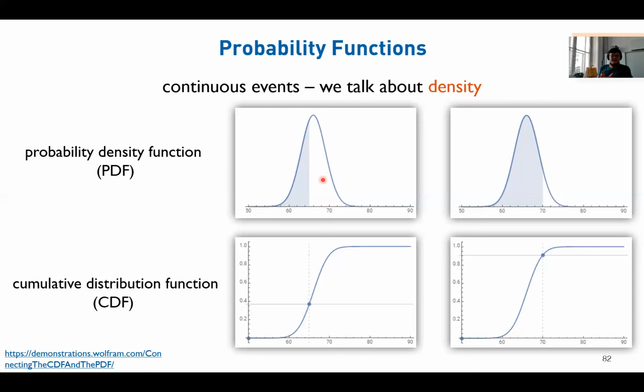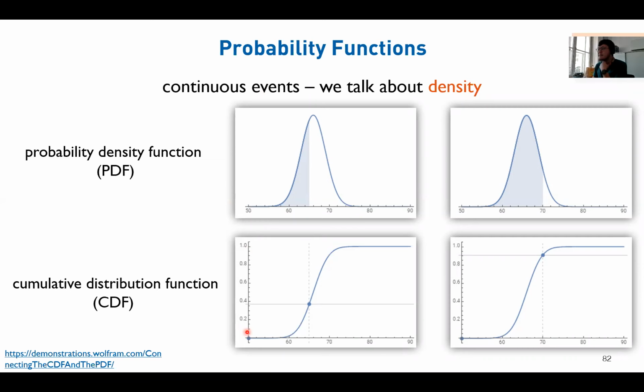But the y-axis itself is a relative density. It doesn't make too much sense to interpret it. High is high, low is low, yes, of course, but that doesn't mean a probability. The easier case is the CDF. The y-axis indeed means probability, so you can interpret it as usual. That's easy.